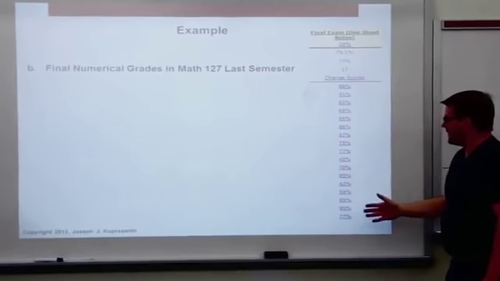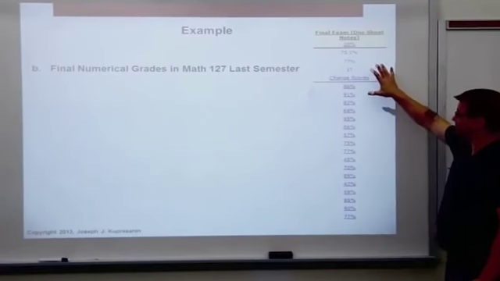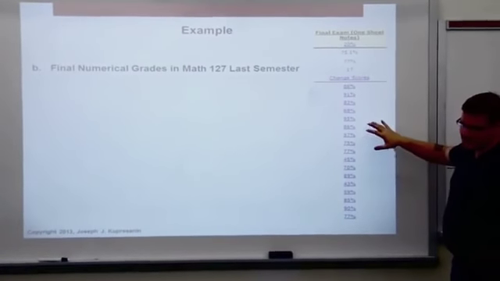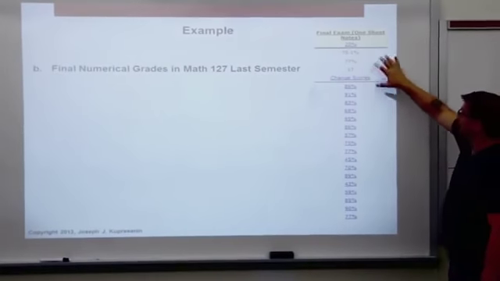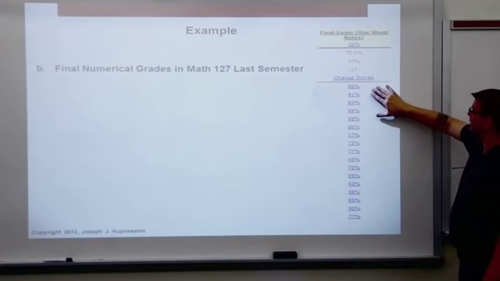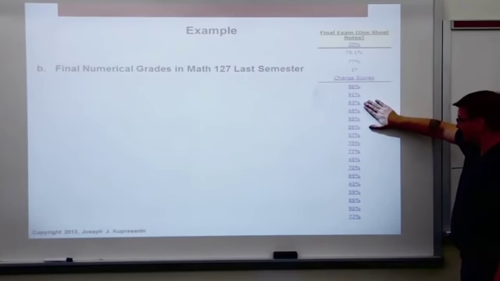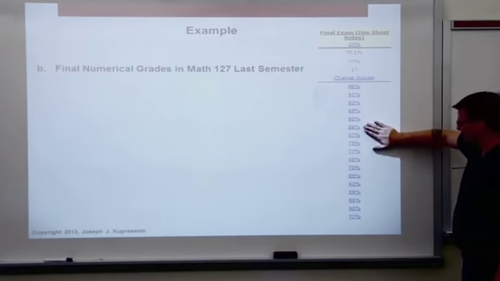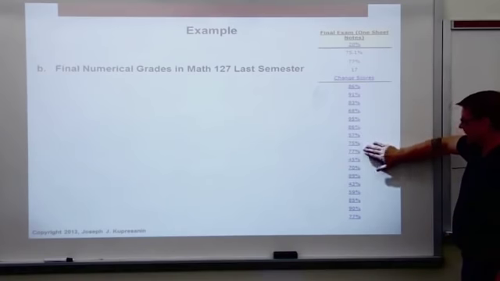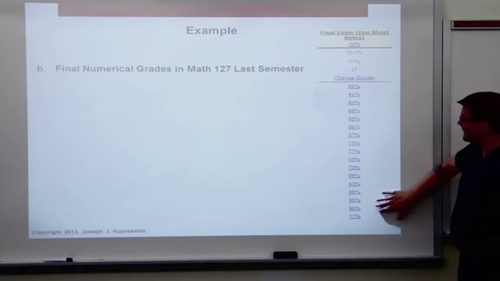I don't think the video is going to pick this up all that well, so I'll read it to you. I'm not sure if it's in the notes. I don't think that it is. But here are some final exam grades. I had an 86, a 91, an 83, 68, 95, 86, 57, 75, 77, 45, etc., etc.